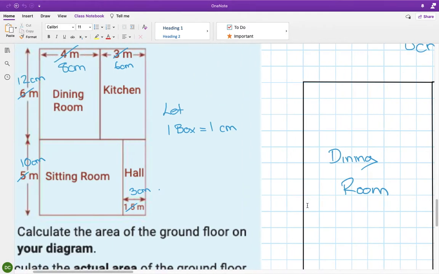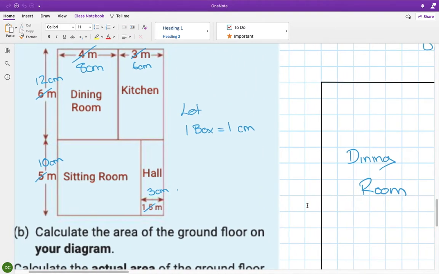That's the dining room, and that was what, 8? No, so this is 4 meters, which in our scale was 8 centimeters. And then here we have 6 meters, which in our scale is 12 centimeters. This one here then is the kitchen.